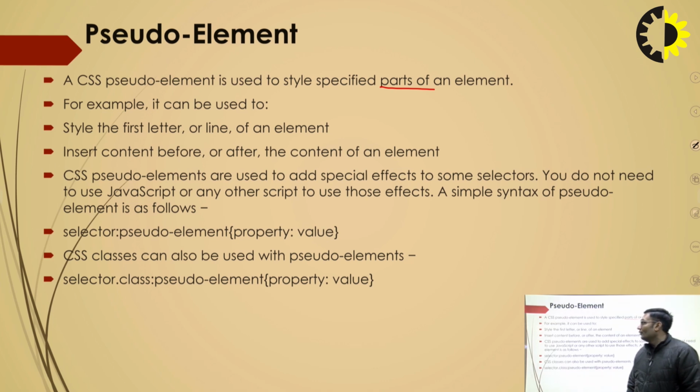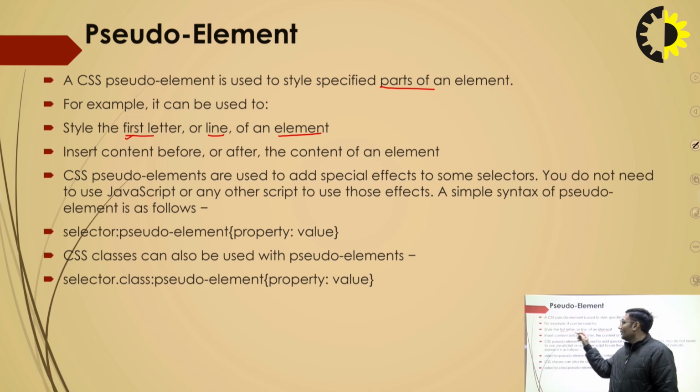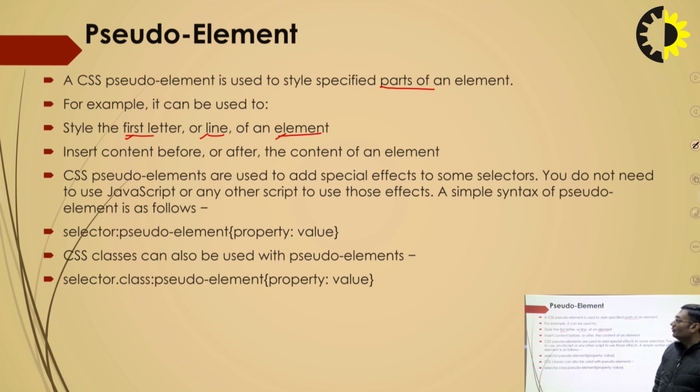For example, if we want to change the first letter, or just a line, by applying some style over it, I can do it with the help of pseudo element. I'm not changing the whole word, or all lines, or all elements. I'm just changing the first letter, or just a line, or a single element. So I can do it with the help of pseudo element.